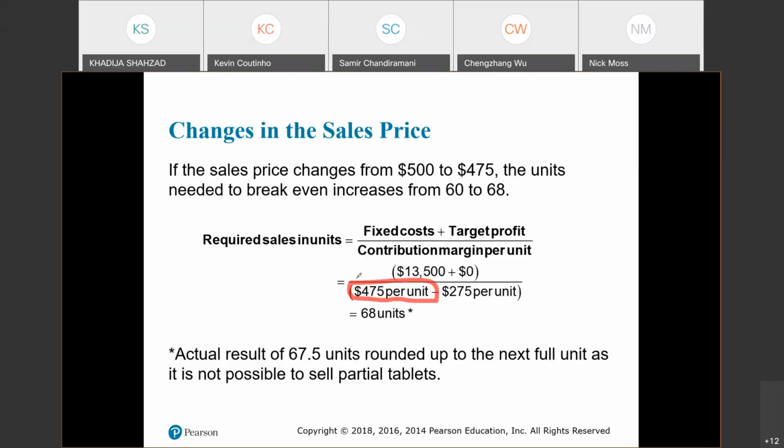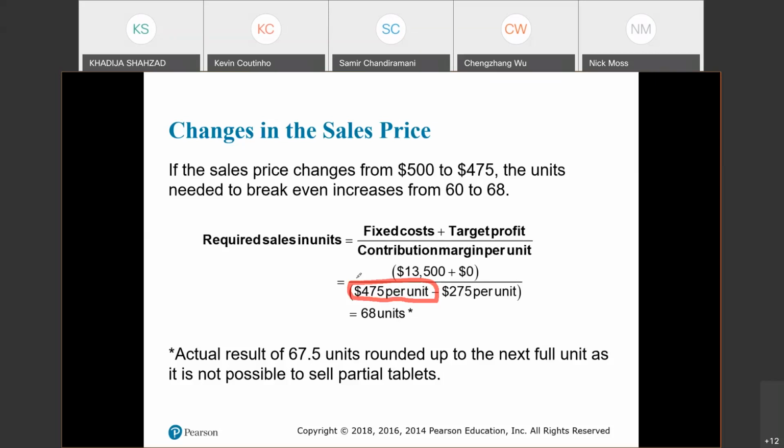So we round up these results to 68 units. Well, this is the sensitivity analysis in changes in sales price.